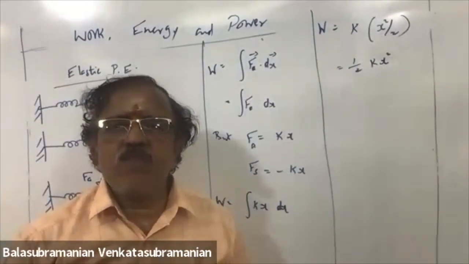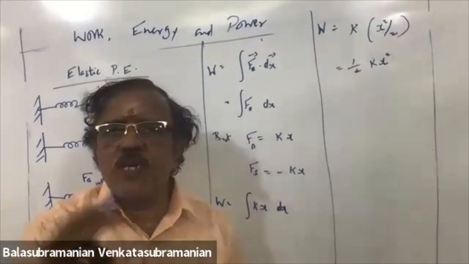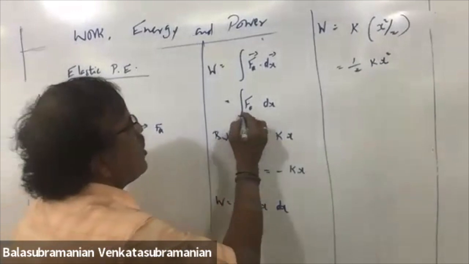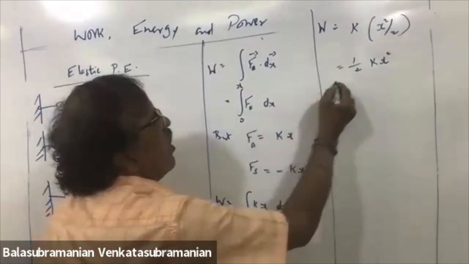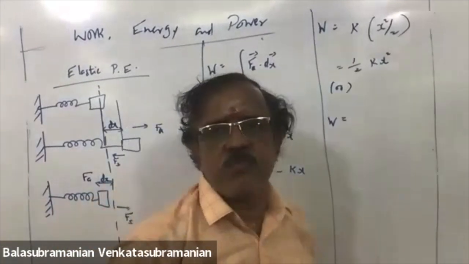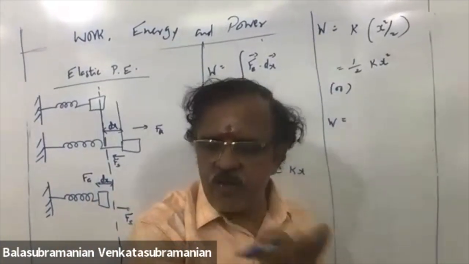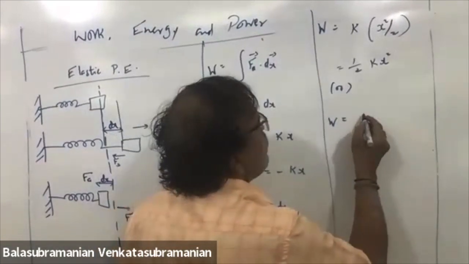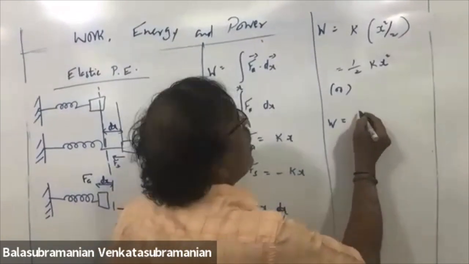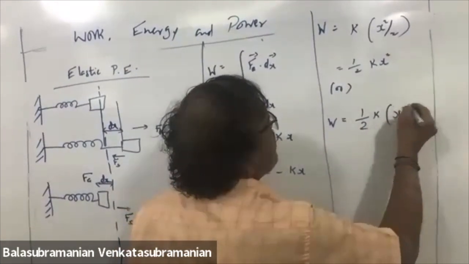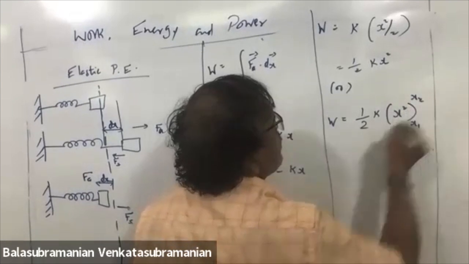Sir, I have 0 to x. Limit means you can put limit 0 to x. No, sir, limit is x1 to x2. For a certain point, I want to calculate x1 to x2. So you can write half k constant, x squared, x1 to x2.